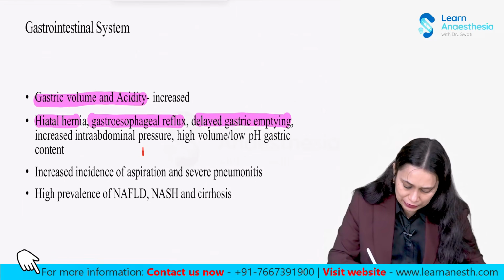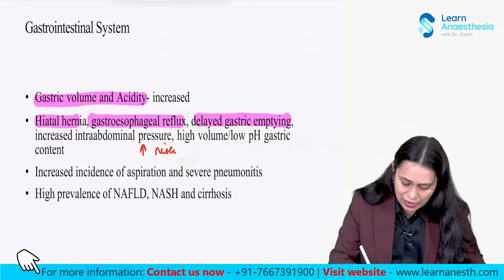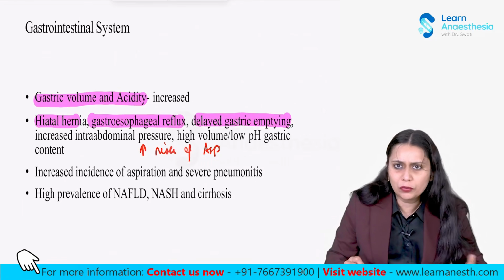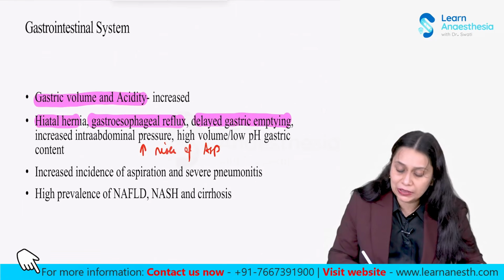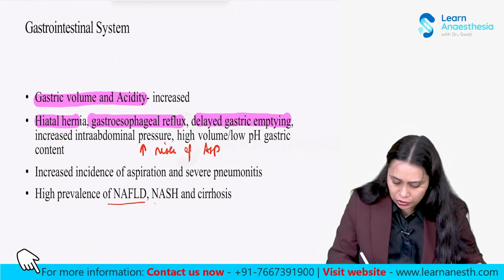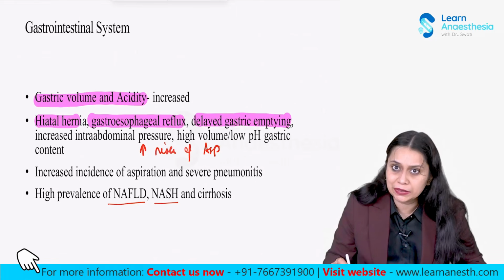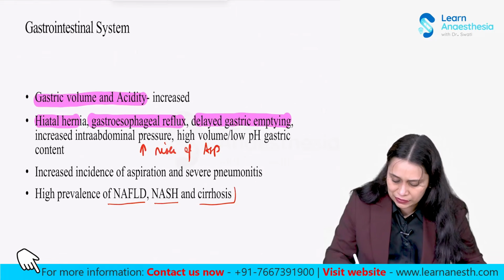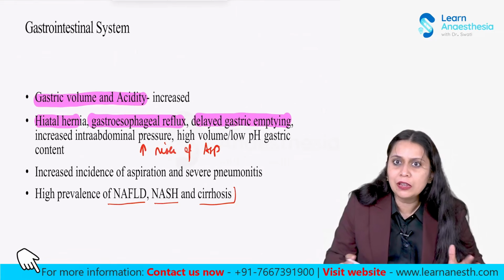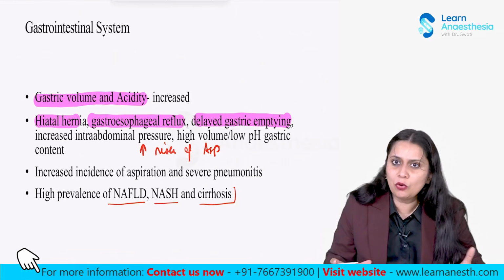So we will discuss the role of RSI in these patients. There is also a high prevalence of non-alcoholic fatty liver disease, non-alcoholic steatohepatitis and cirrhosis, so liver dysfunction is very commonly associated in obese patients.